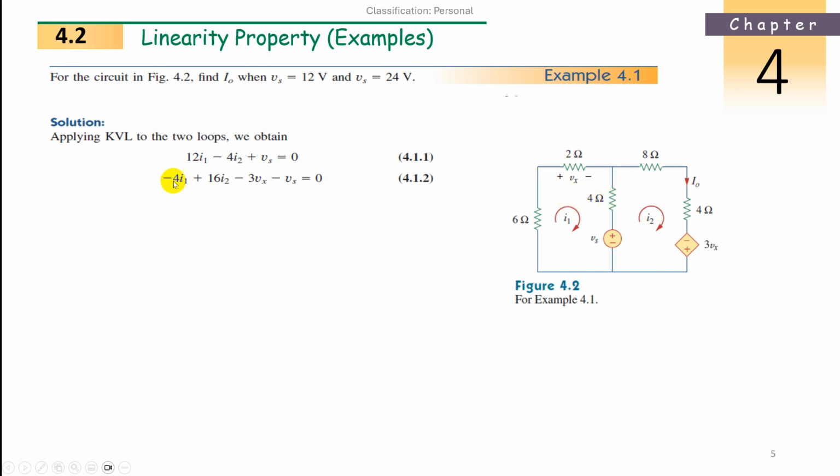So it is minus 4 I1 plus 16 I2, and then these two sources. Here the current is coming out from the plus terminal, meaning minus 3Vx. Now here also the current I2 is coming out from the plus terminal, so it is also minus Vs. So these are the two KVL, Kirchhoff's voltage law equations for these two loops. Okay, any doubts in it? Because this you have to practice.